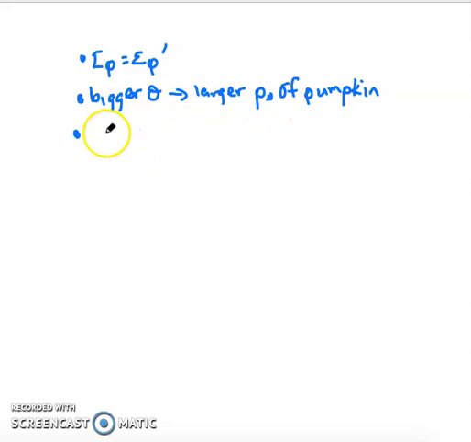Then how do we do this? Well, we want to make clear that the loss in momentum of the arrow, and again, I'm just doing this in equation form, but you can do this in a statement, so whatever amount the arrow loses in momentum equals the gain of the pumpkin. And that's really just a restatement of the law of conservation of momentum.